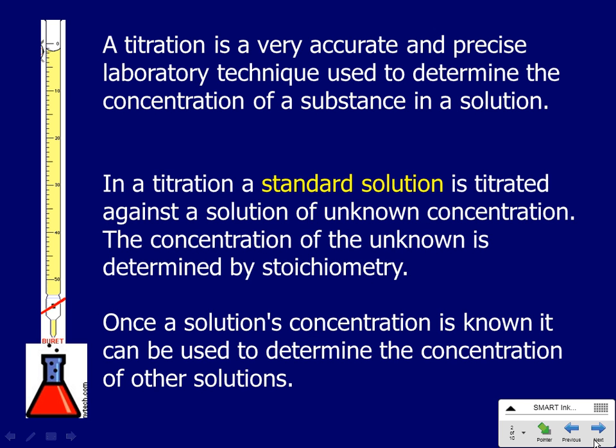So it's very precisely known, many significant digits when it comes to the concentration. We're going to react that then with another solution we don't know the concentration of. One is a base and the other one is an acid. And then through some mathematics, we should be able to figure out what the concentration of the unknown solution is. So we use stoichiometry.